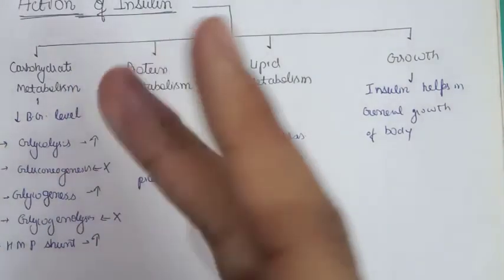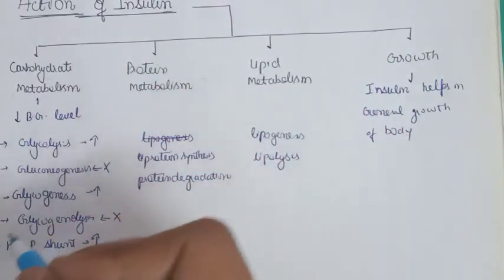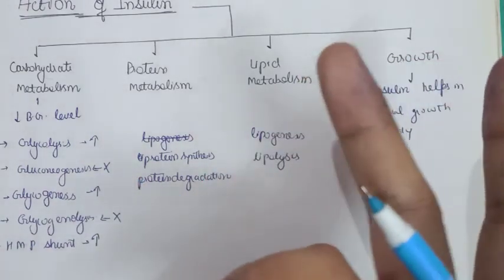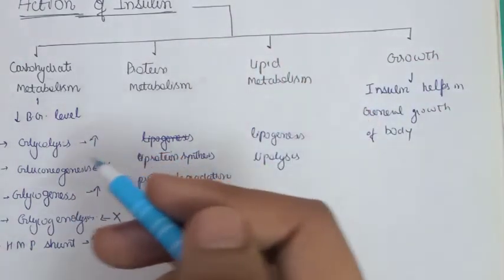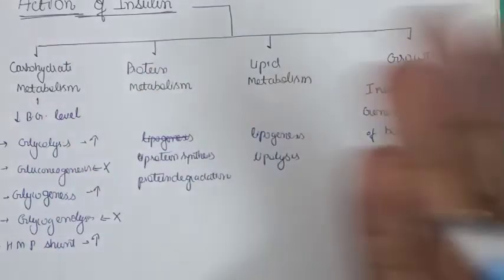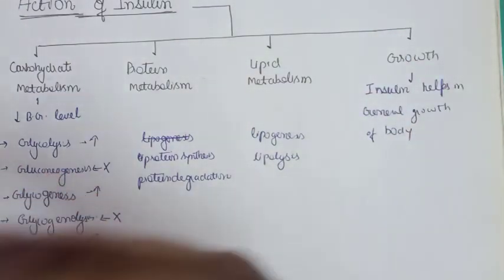Only 2 metabolic pathways in carbohydrate metabolism are decreased, gluconeogenesis and glycogenolysis, which would increase the blood glucose level, but the action of insulin is opposite to it. So it will inhibit these two metabolic pathways and promote the uptake and utilization of glucose by the cell.